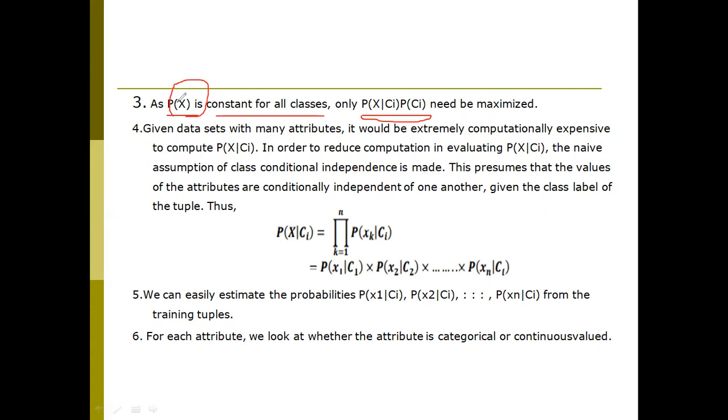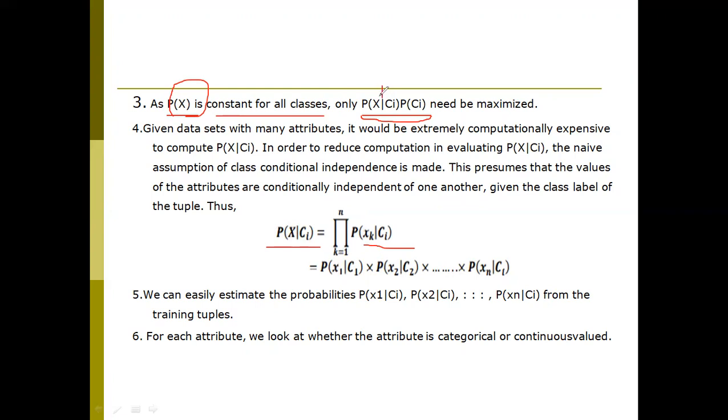So P(X|Ci) equals the product for k equal to 1 to n of P(xk|Ci).